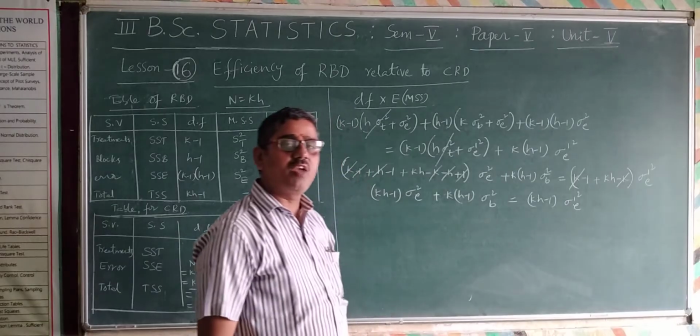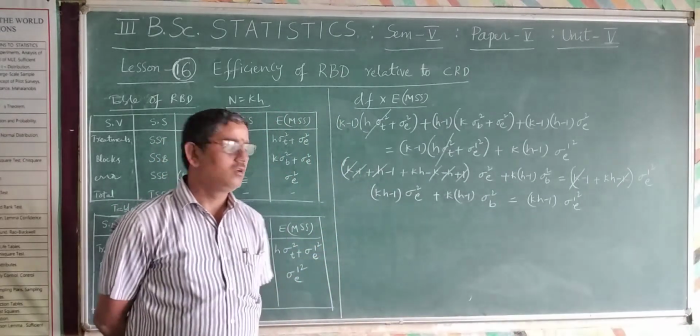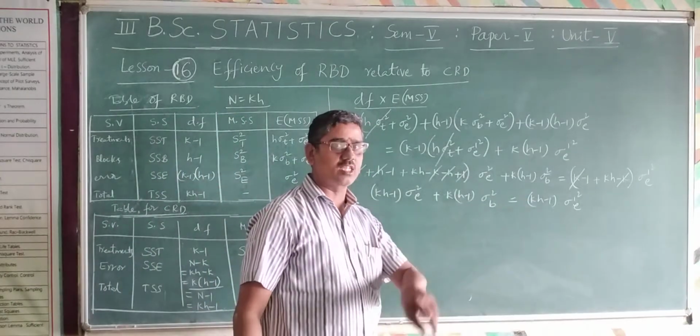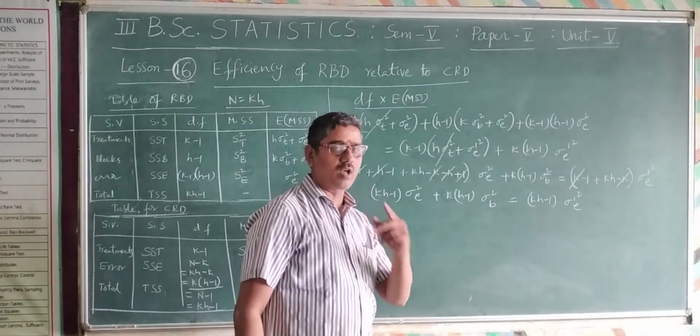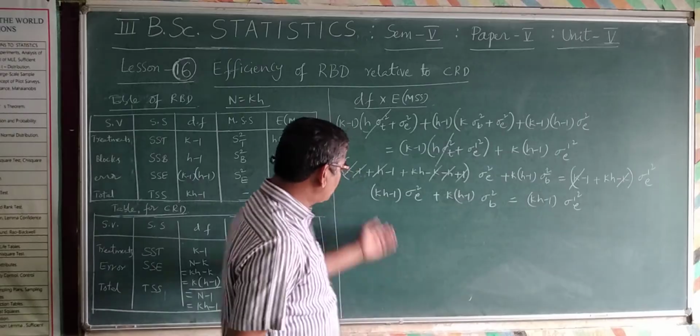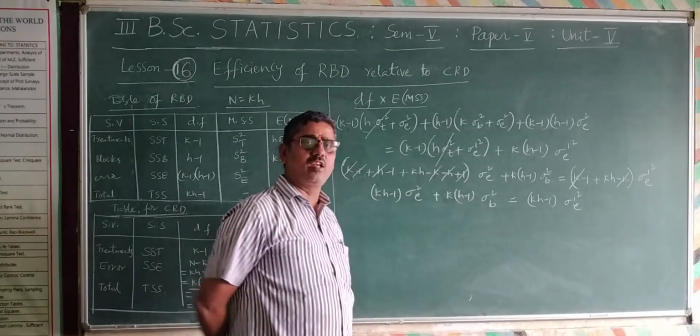What is the formula of the efficiency? Sigma dash square e divided by sigma square e. So in this equation we have both sigma square e and sigma dash square e. Therefore, to calculate efficiency, divide the entire term by sigma square e and also divide by kh minus 1. Then we can eliminate directly.